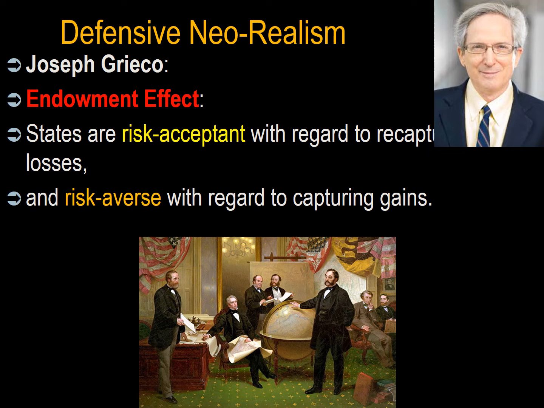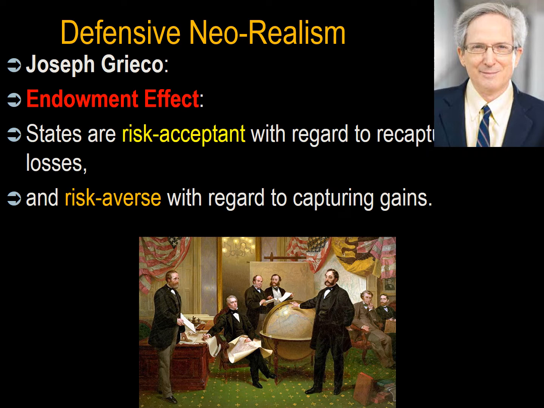So Joseph Greco applies the endowment effect to memory. And here it's a variable. Some states or societies never forget the loss of land. For example, for Palestinians, their claim on Palestine is not forgotten. It's reproduced constantly in their culture and in their system of education.